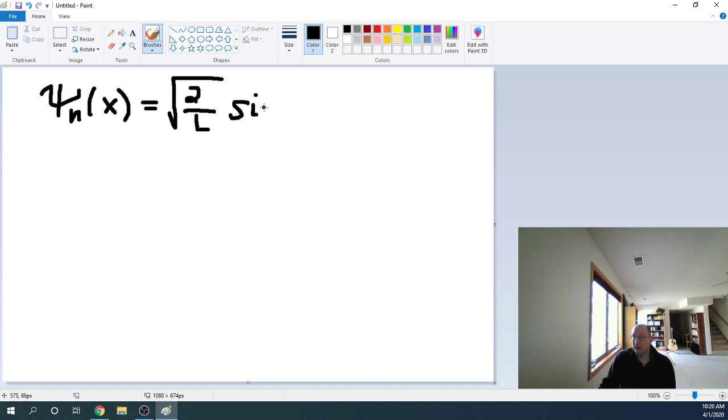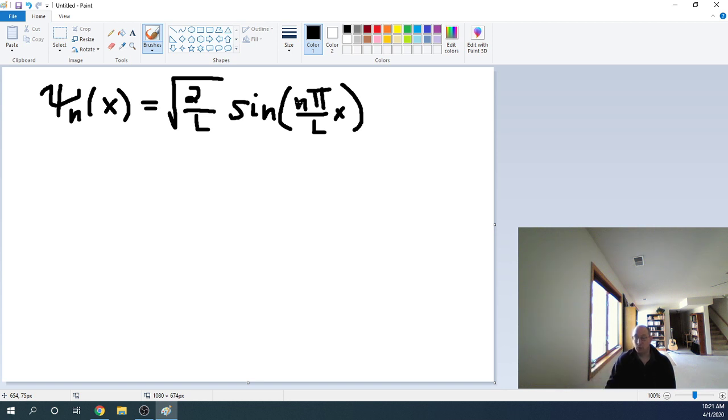And this was one of the things that we did for the first set of notes. So that is the set of wave functions for a particle in the box. Notice that there's a whole bunch of different functions that work here. For every value of n, the wave function is a little bit different because this basically tells you how many bumps there are in the wave function. That value of n tells you how many antinodes there are in the box.